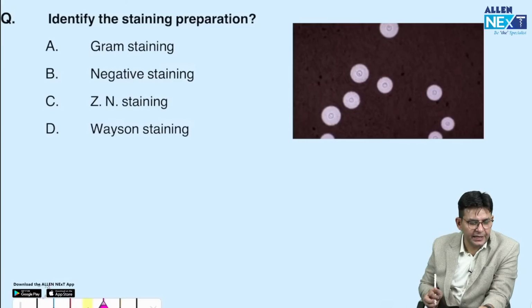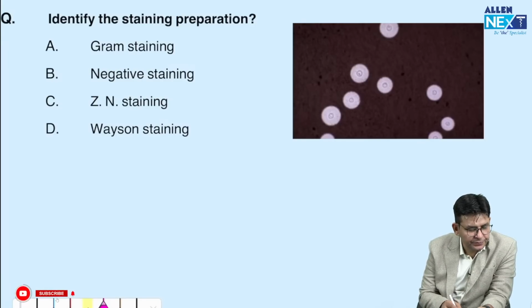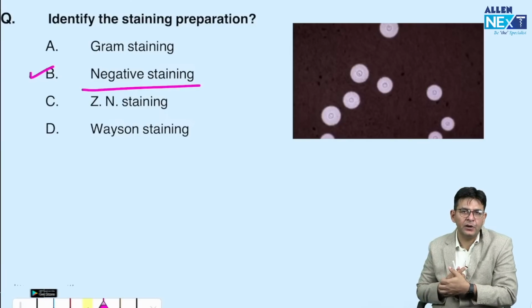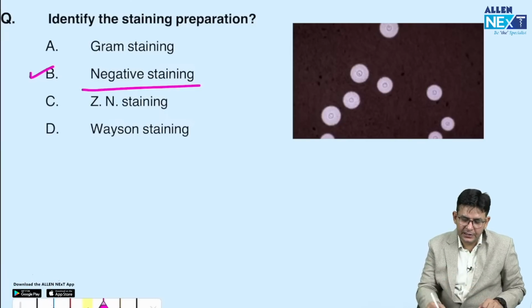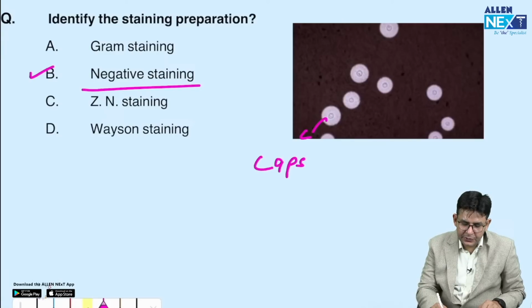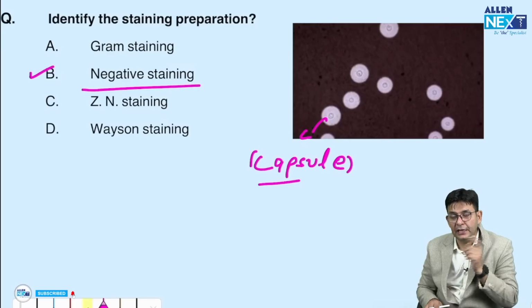Negative staining, very right, Manisha. Very right, Daffodil. It is Indian ink staining. Indian ink staining is a negative staining in which the background is stained, and against that you can see the capsule. This capsule is virulent, and because of that virulence it can enter the meninges in HIV positive patients.